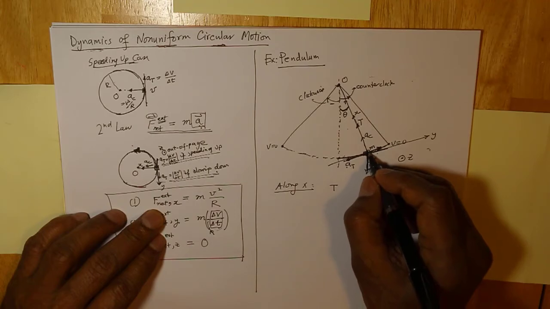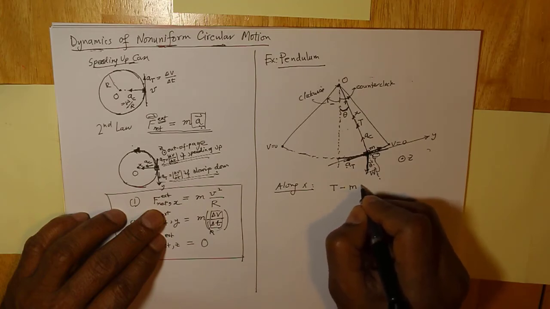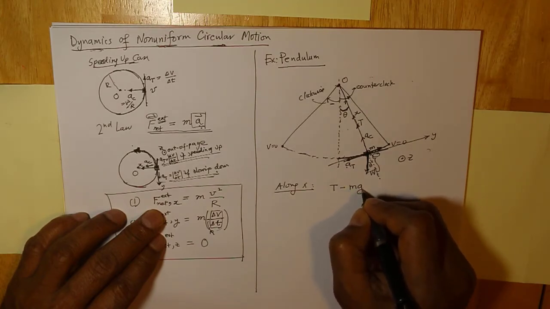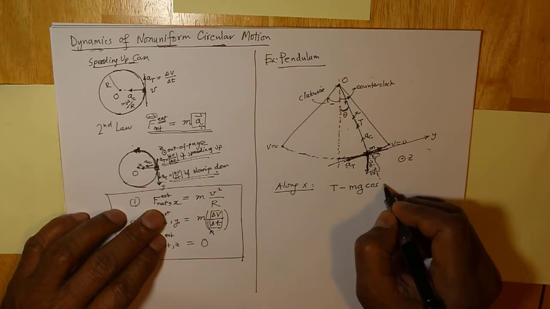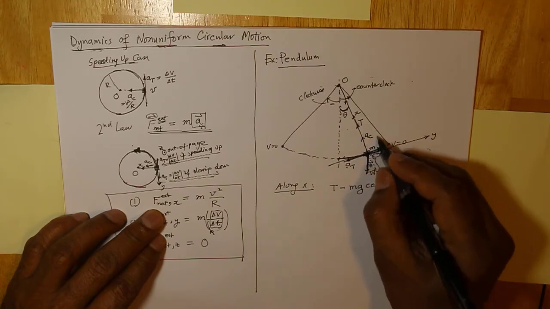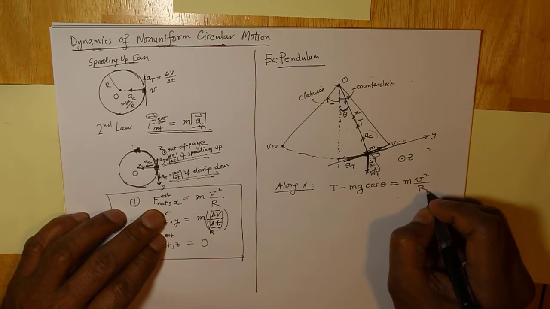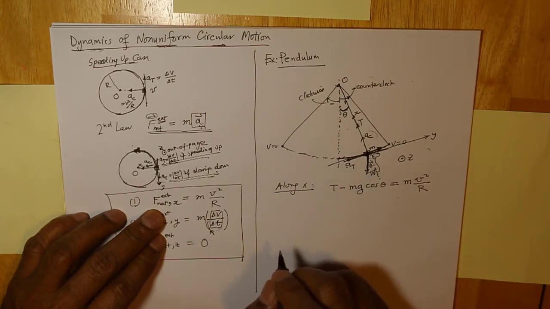This is where the positive is, this is the origin of the coordinate system. T minus mg cosine theta equals m times a sub c, v squared over r at this instant.